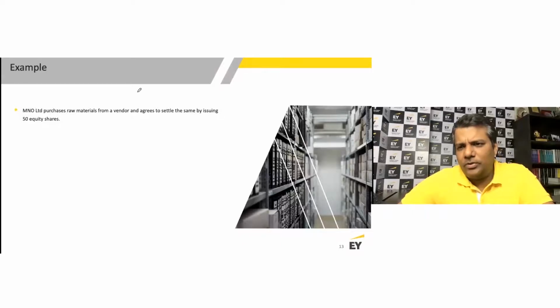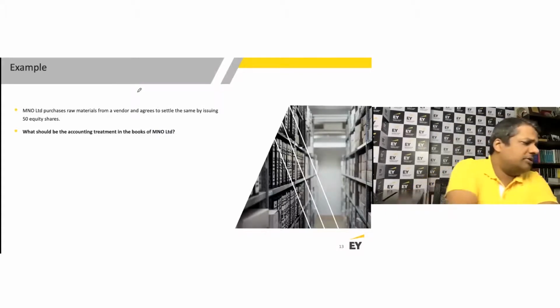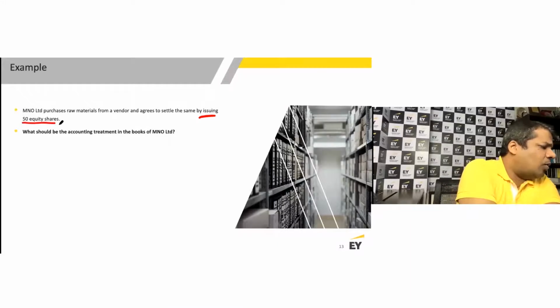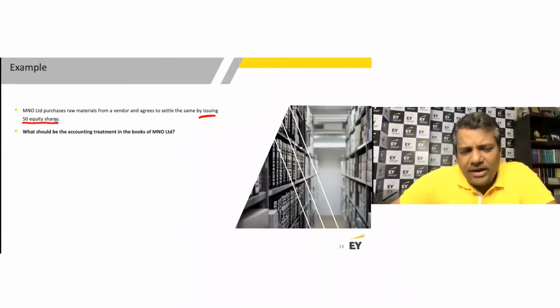Whatever your price after 2 weeks is, you will issue 50 shares. So the question is, what should be the accounting treatment in the books of MNO Limited? Is this a share-based equity settled or a cash settled arrangement? This is clearly equity settled because I am going to settle this by issuing equity shares.